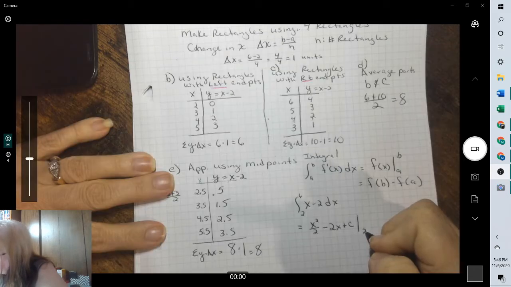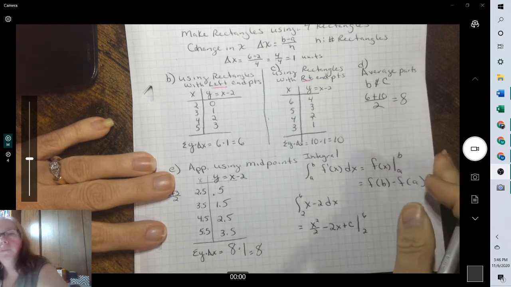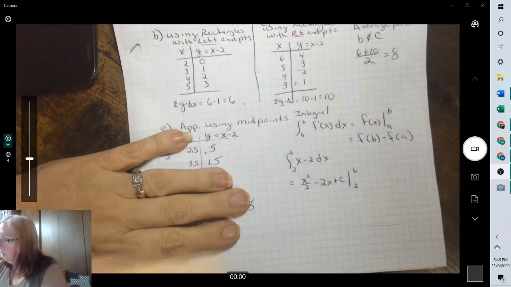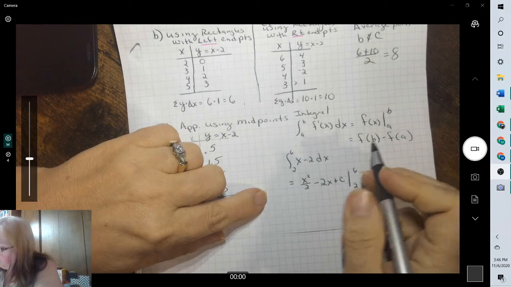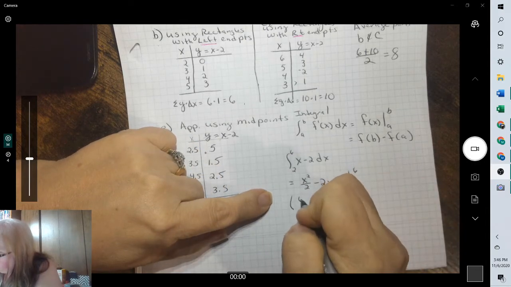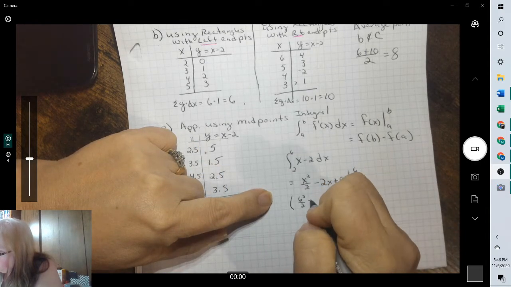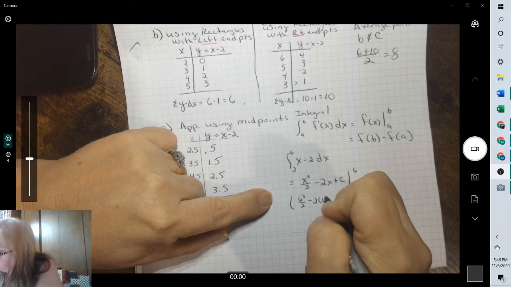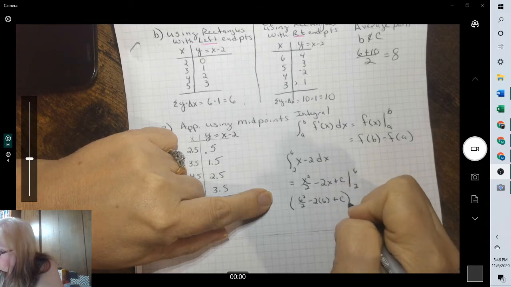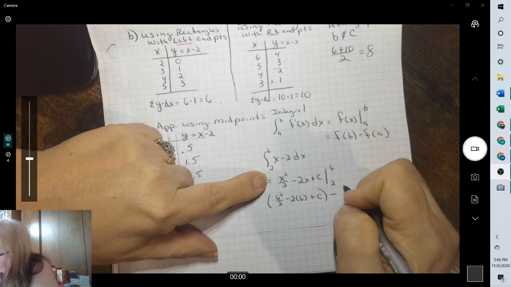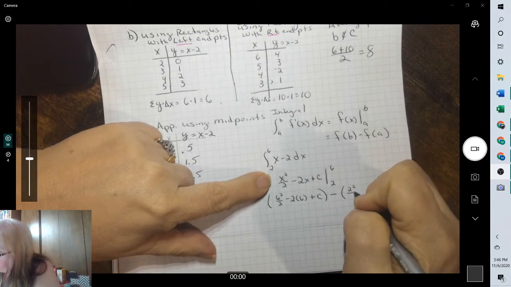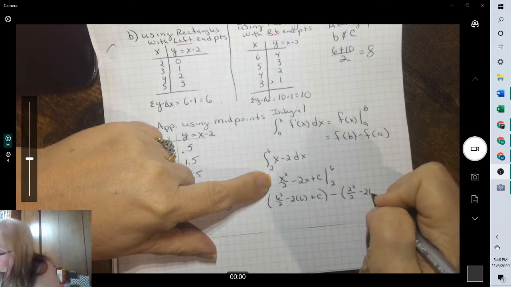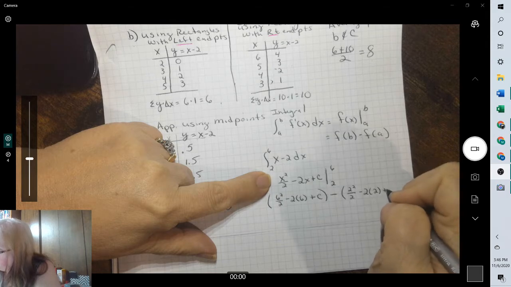And we're going from 2 to 6. Now to solve it, plug in the top number. 6 squared over 2 minus 2 times 6 plus c. Minus, plug the 2 in. 2 squared over 2 minus 2 times 2 plus c.